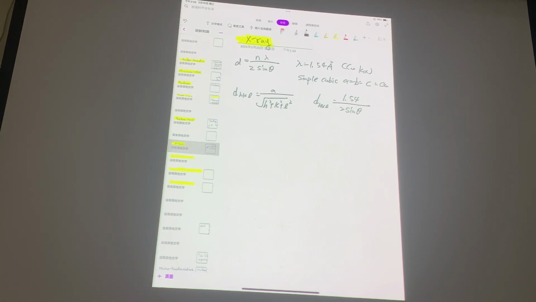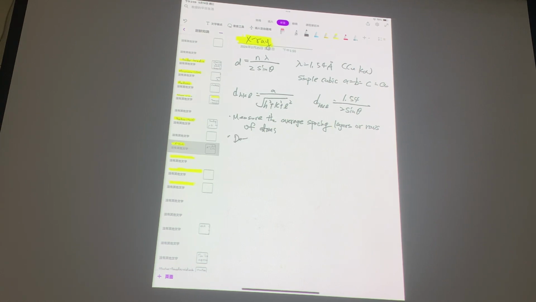So there's a few things you can do from XRD. I think XRD is not really only limited to finding the phase structure. It can actually provide you a lot. First is that it helps you measure the spacing layer, the rows of atoms.